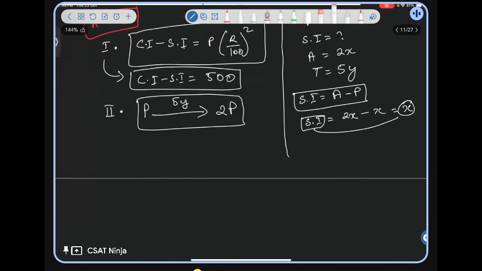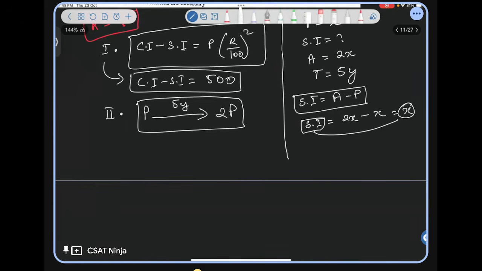So let's try to solve this a little bit, because I feel like using statement number 2 we can get some answers. The simple interest formula was principal into rate of interest into time divided by 100. We know simple interest, we know principal, we know time, and we don't know the rate of interest.